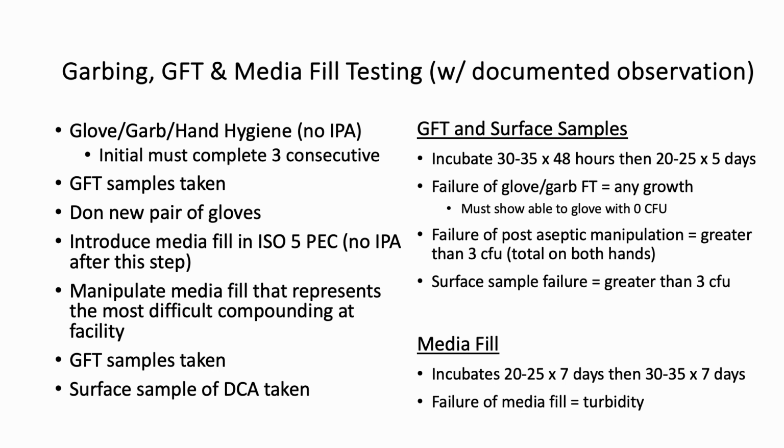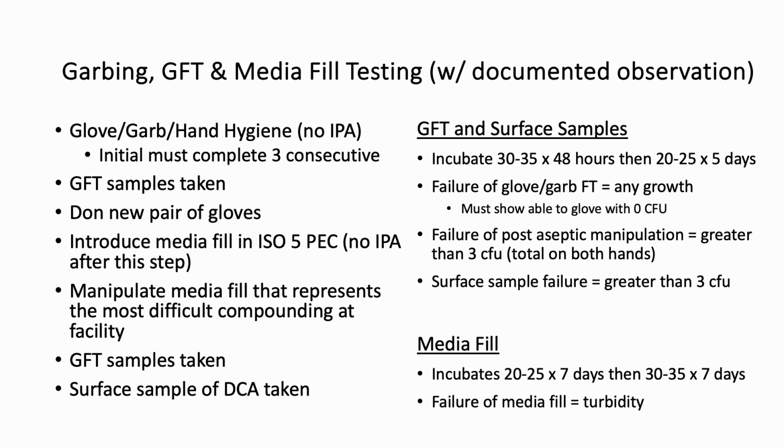They will don sterile gloves and fingertips will be tested, and they will show that they can actually do the process and grow 0 CFU on their fingertips through this entire test without using IPA or isopropyl alcohol. If this is an initial assessment, then the person will have to provide this test 3 consecutive times without growing anything on their fingertips before being able to compound.